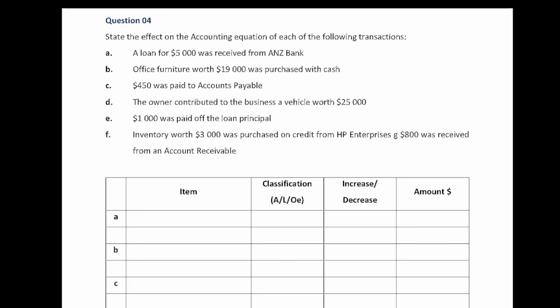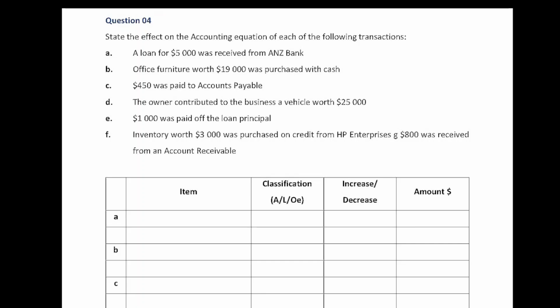A loan for 5,000 was received from ANZ Bank. How would we write? You have received the loan, 5,000. What items are affected in the balance sheet or accounting equation? Even though you say accounting equation or balance sheet, it's the same thing, because the balance sheet is the detailed version of the accounting equation.